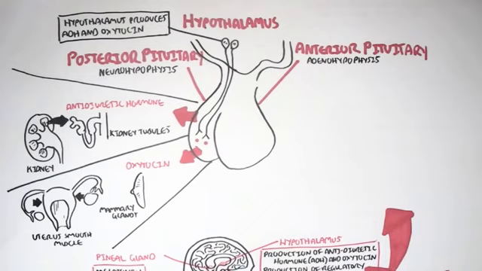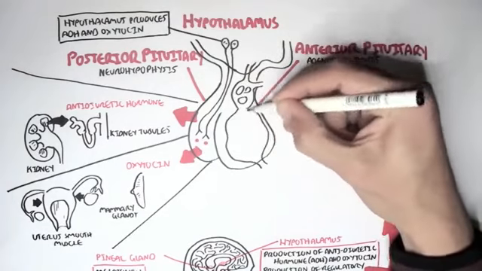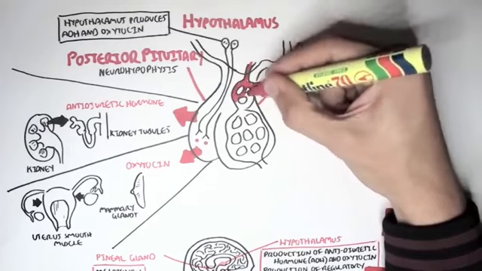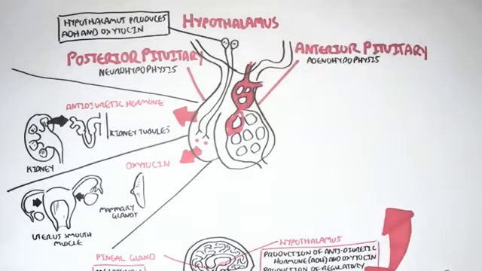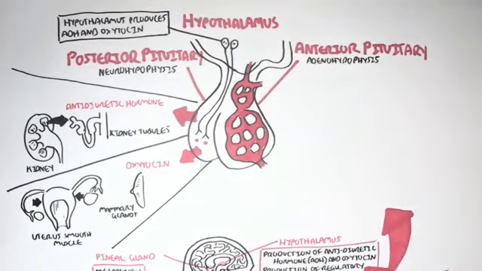Now let's look at the anterior pituitary. The anterior pituitary is different from the posterior pituitary in that it makes its own hormones. However, most of these hormones can only be secreted when there is some form of confirmation from the hypothalamus.